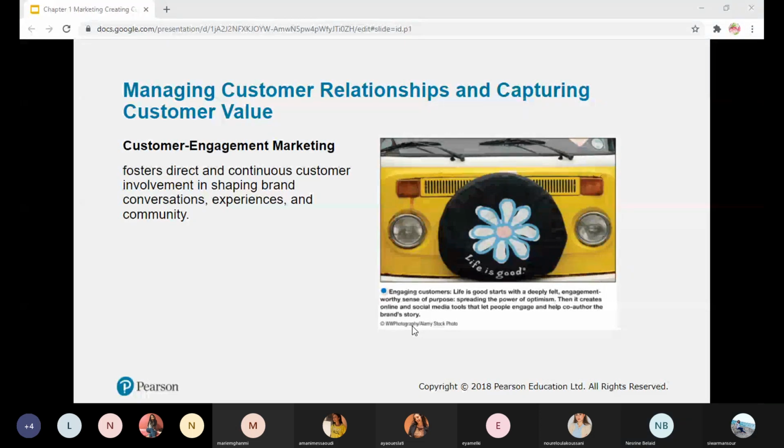Well, the changing nature of customer relationships: relating with more carefully selected customers, relating for the long term, and relating directly.